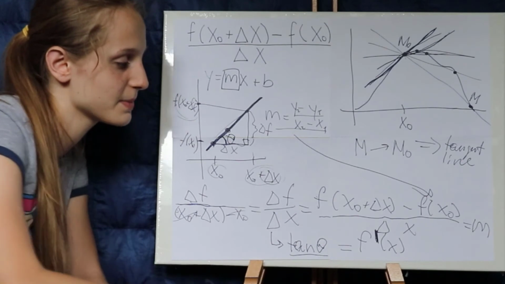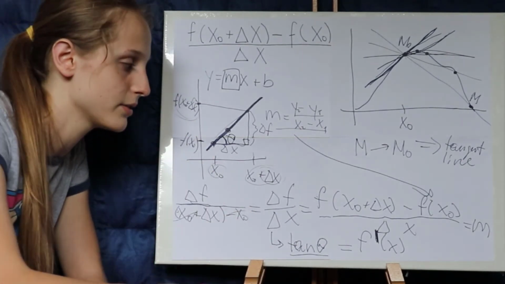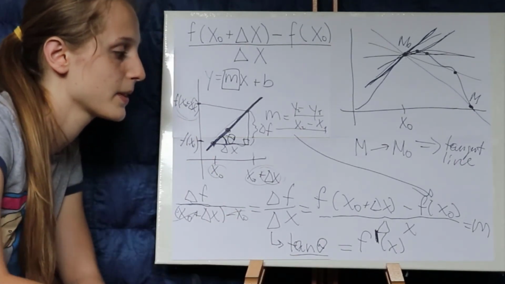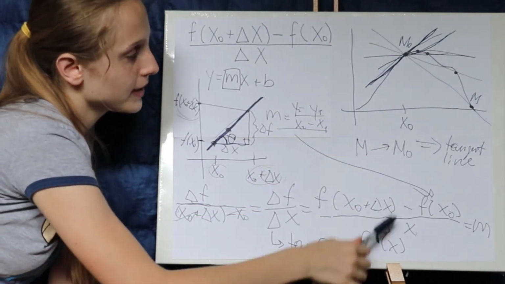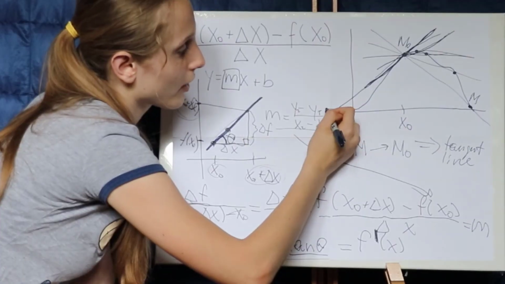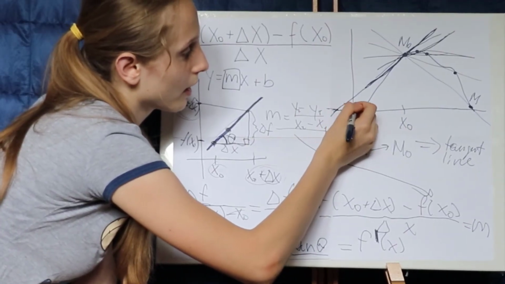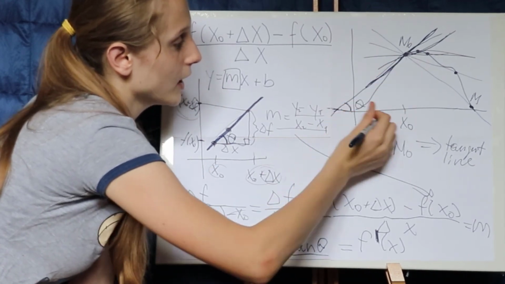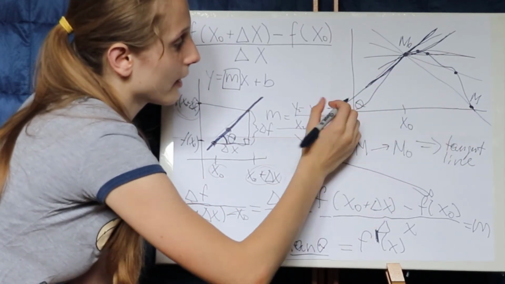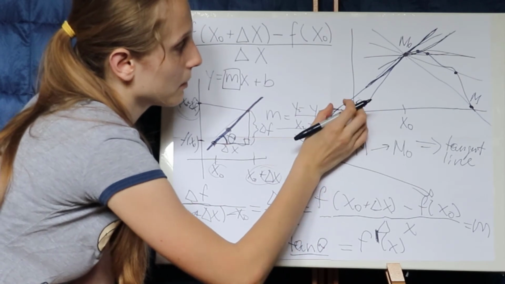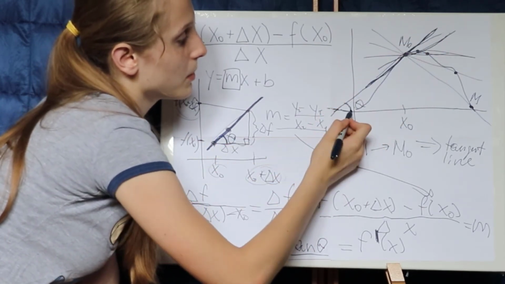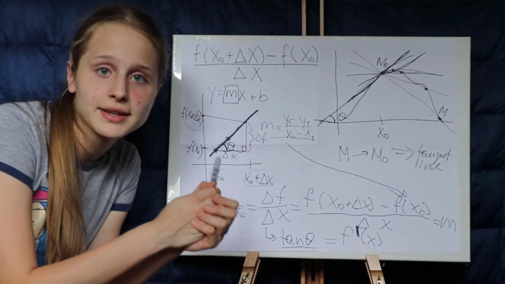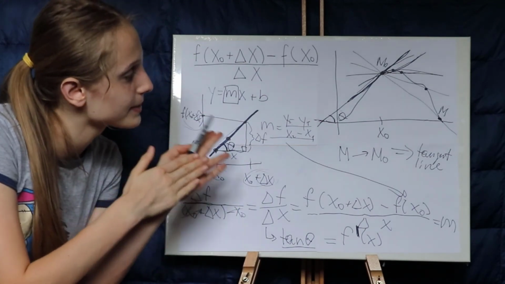F prime is really nothing special, it just means that it's the derivative. You're taking the derivative of x. So you're taking the speed at the point x. On this graph, this angle would be right here. You just extend it and you find the x-axis, and this is your angle, where the tangent line meets the x-axis. So that is the basics of the concept of derivatives.